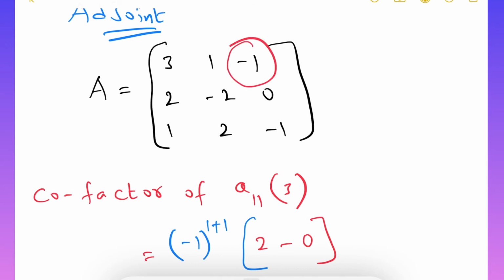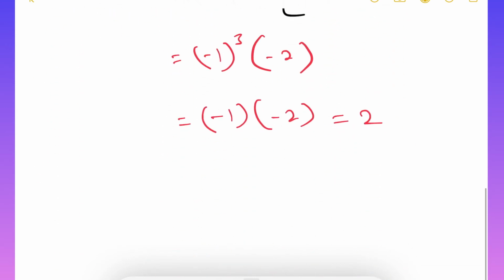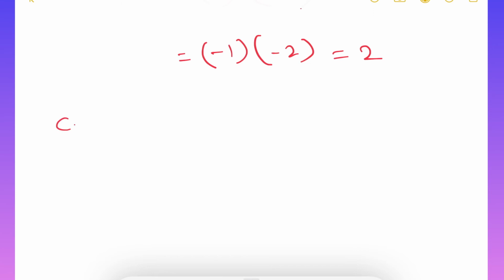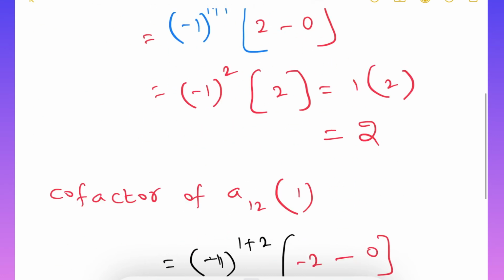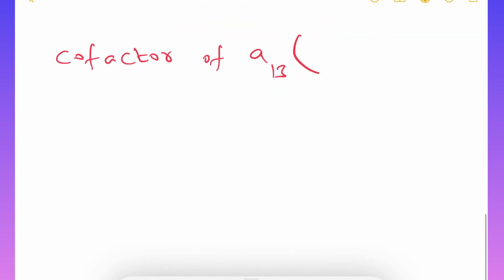Here the first row third element is minus 1. So cofactor of A first row third column, that is number minus 1, which is equal to minus 1 whole power first row plus third column times.